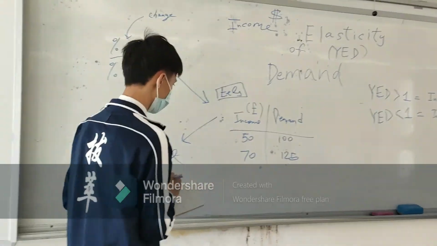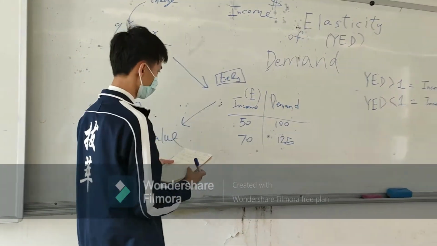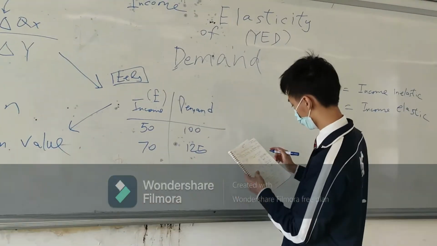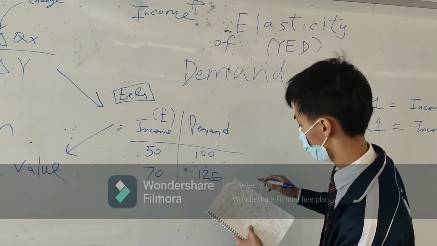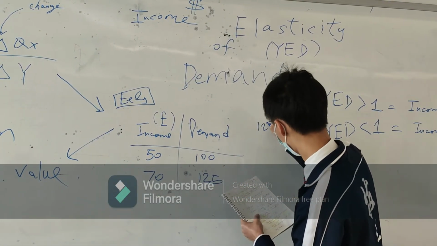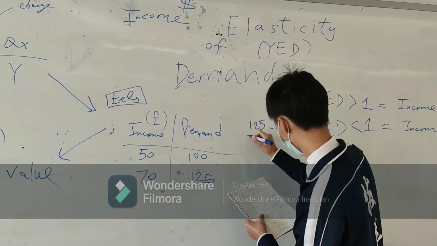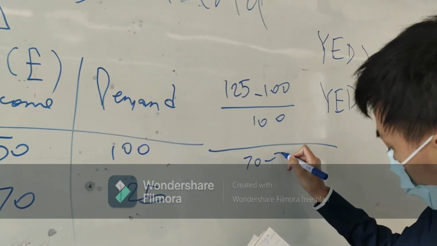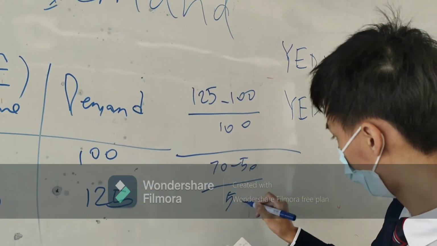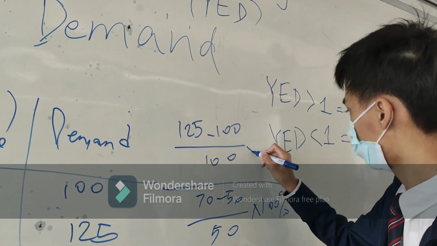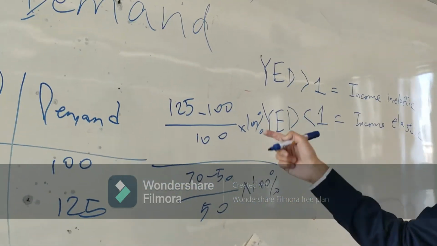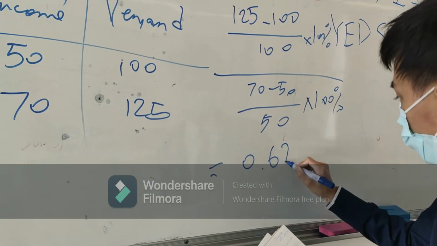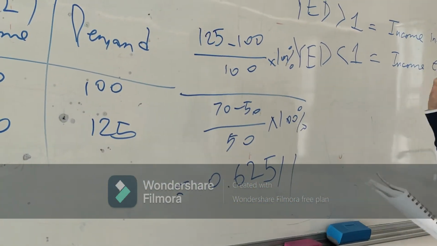Let's substitute the numbers inside this formula. The answer you're going to get is 0.625 if my calculations are correct.